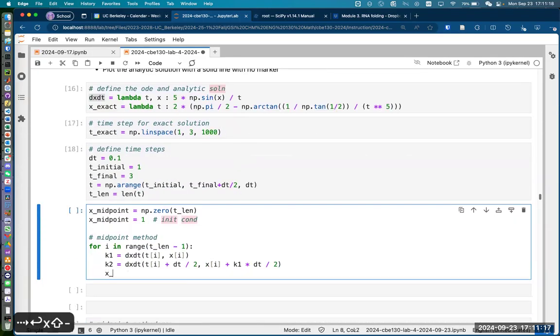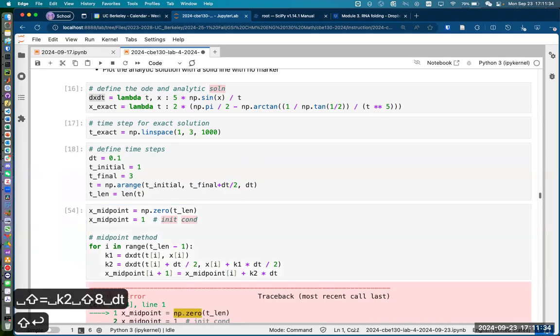So x of midpoint of i plus 1 is equal to x of midpoint of i plus k2 times dt.